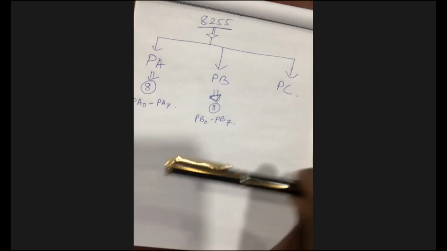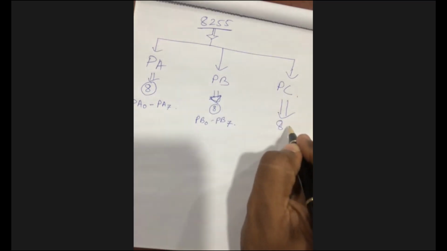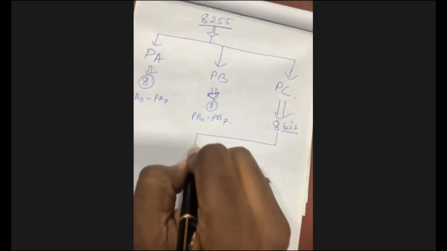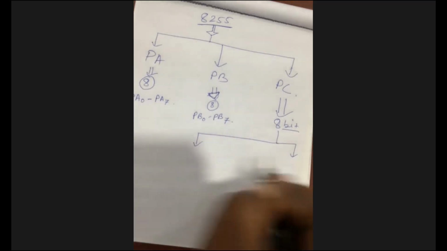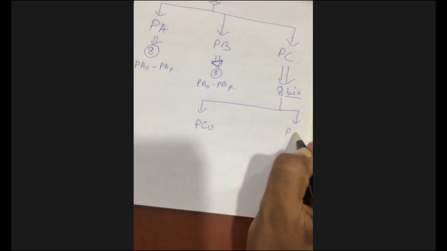So port B and port C also have 8 bits or 8 pins. Port C is divided into two parts: one is called PCU, another is called PCL.